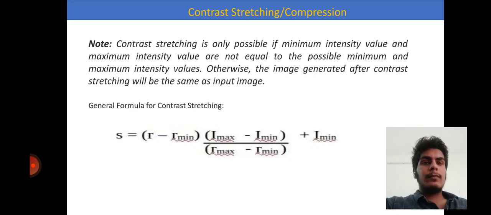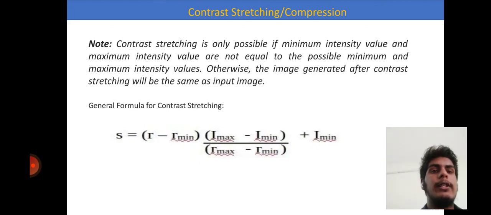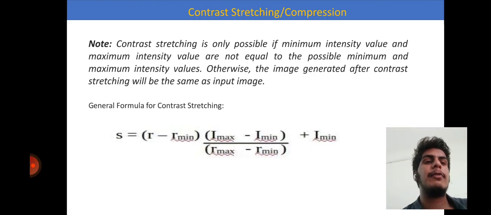Otherwise, the image generated after contrast stretching will be the same as the input image. That means the minimum value should have another value, and the maximum intensity value should have another value. Both should not be equal, so that there exists a range between the minimum and maximum intensity values. Otherwise, the image generated after contrast stretching will be the same as the input image.